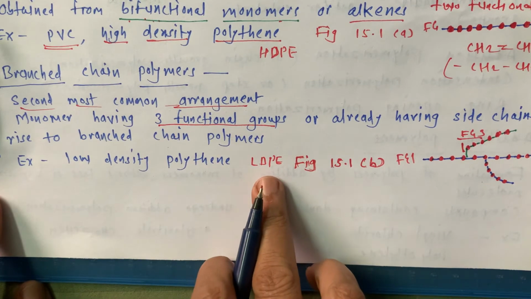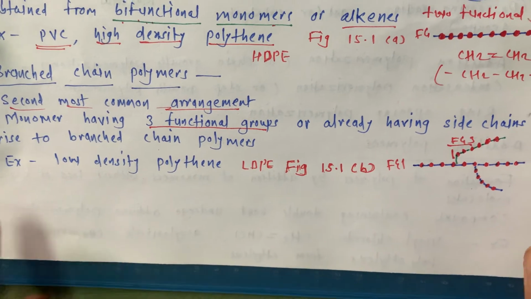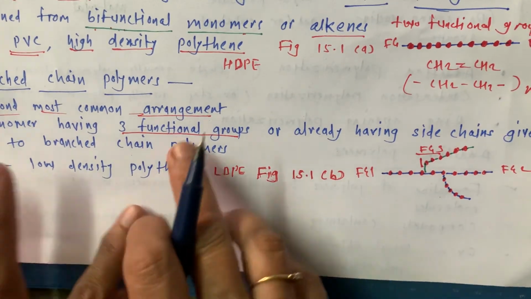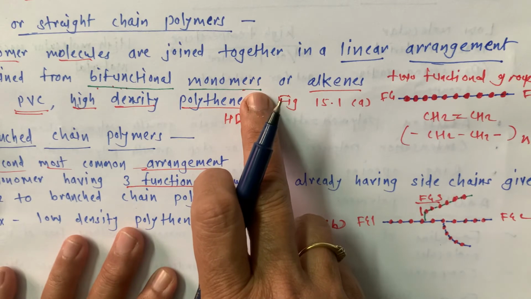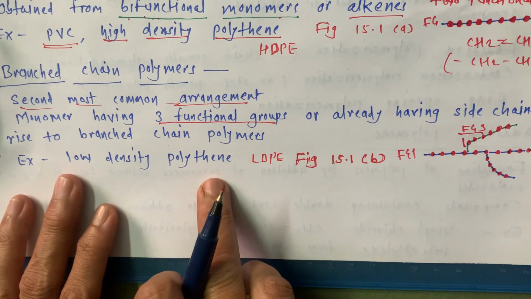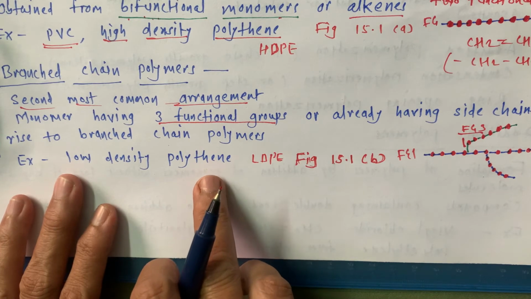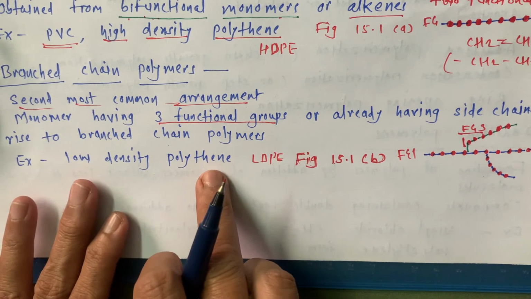Short form is LDPE, low density polythene, and this has a lower boiling point as compared to linear straight chain polymer. And this type of polythene we always use in day to day life. This is nothing but the wrappers.